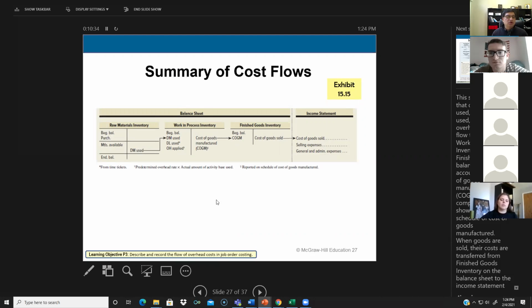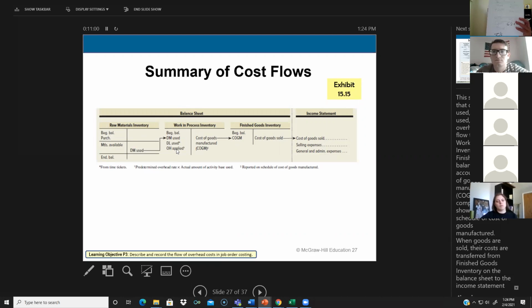This is the summary of the cost flow. Your raw material inventory is going directly to the work in process. Same thing with the direct labor, overhead applied, and so work in process will get overhead applied from the overhead account.